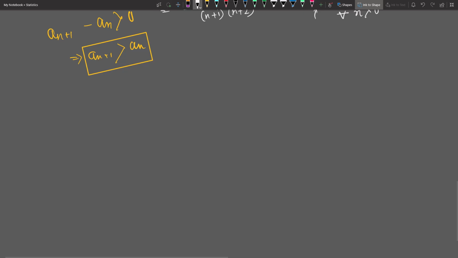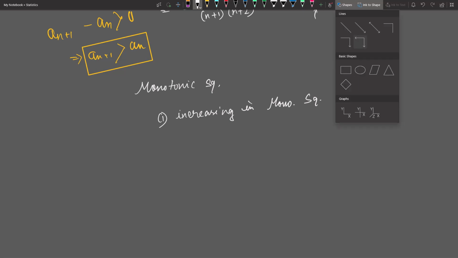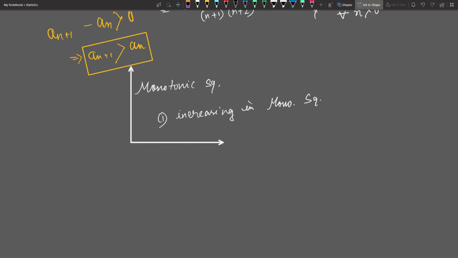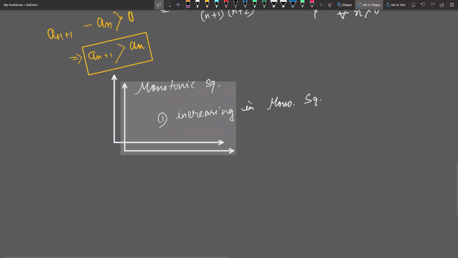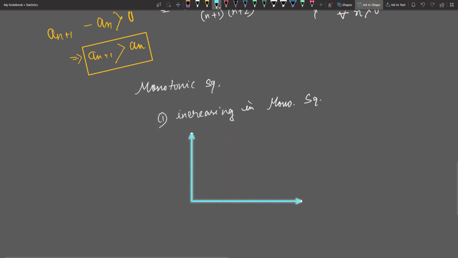If I say a monotonic sequence, number 1, increasing monotonic sequence, basically what will be the graph is this.